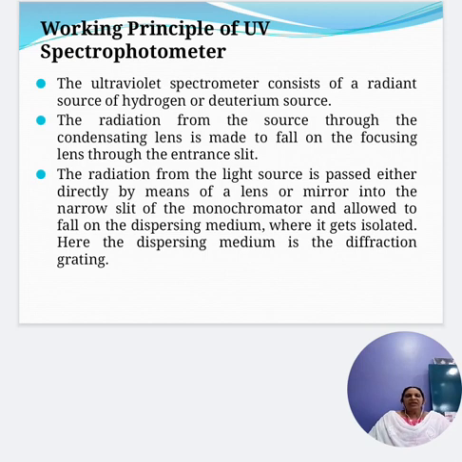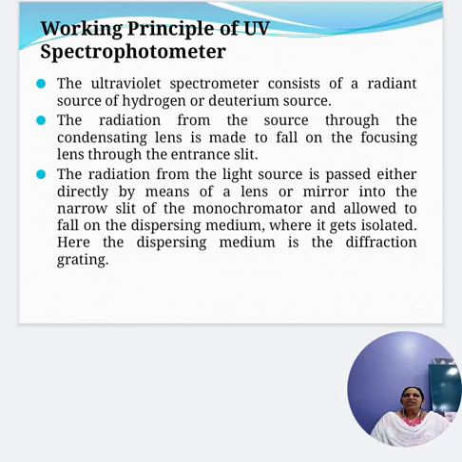The radiation from the source through the condensing lens is made to fall on the focusing lens through the entrance slit. All these parts form the monochromator. In the monochromator we have the condensing lens, the entrance slit, the exit slit, and the focusing lens. All the things together form the monochromator.